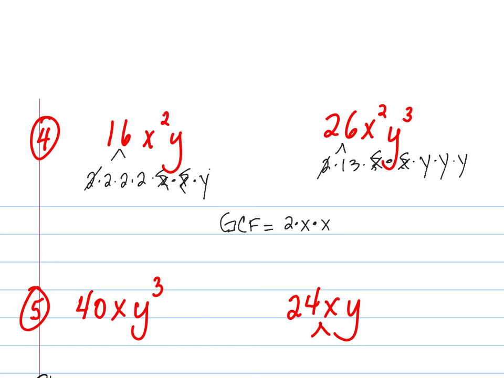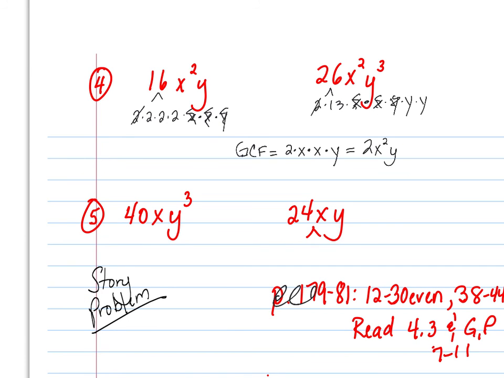Then they have a y and a y, mark it out, write it down. They do not share anything else, so we multiply these all back together and we get 2x squared y is the greatest common factor. You do number 5.